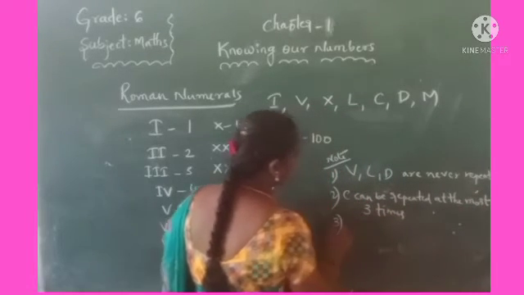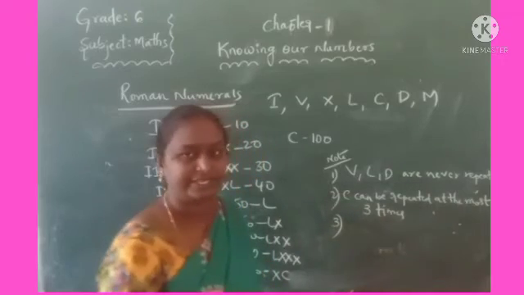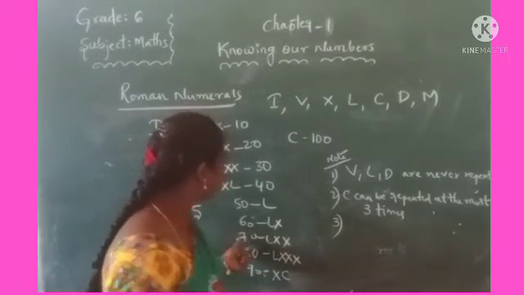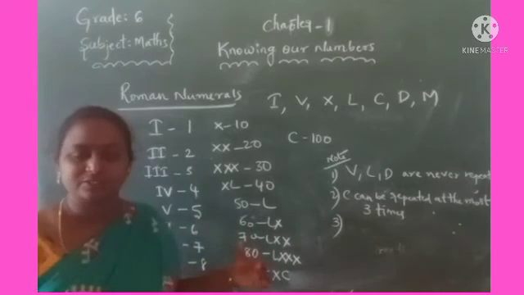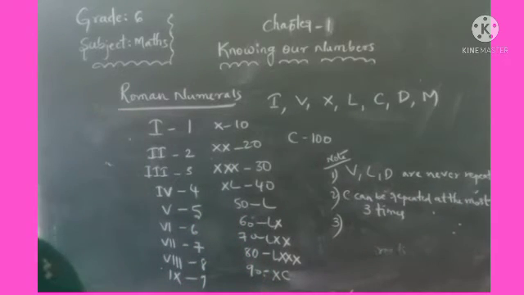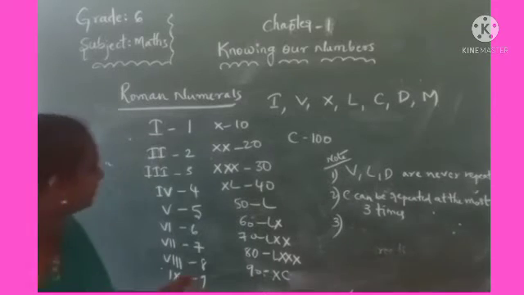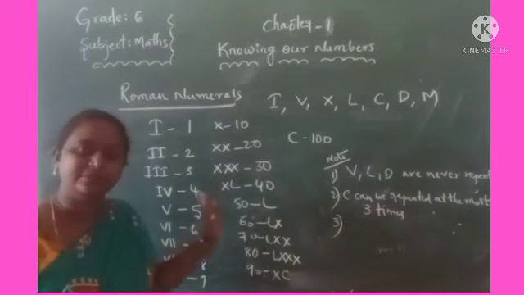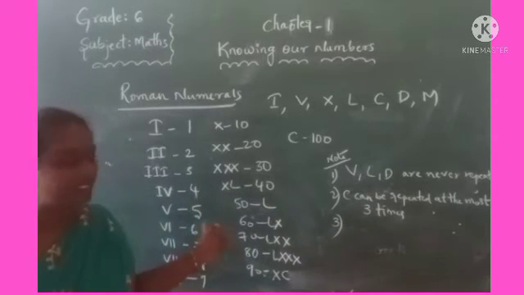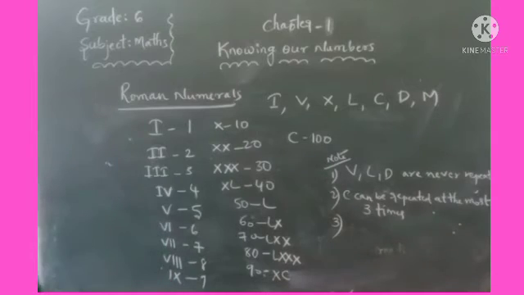And the third condition is, whenever you are finding any value, the smaller symbol can be subtracted from a bigger number. That one we have to write on the left side of the bigger symbol. So that is the main condition, that one also you write.